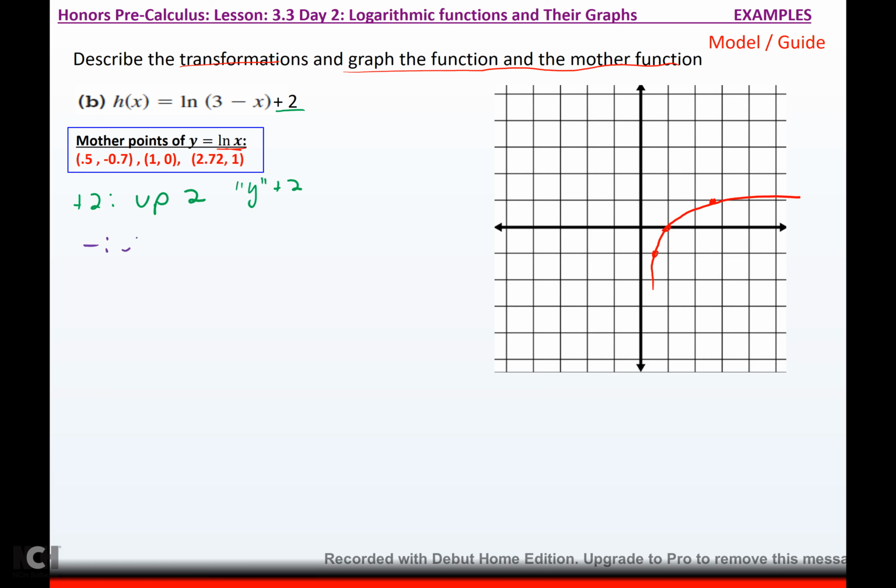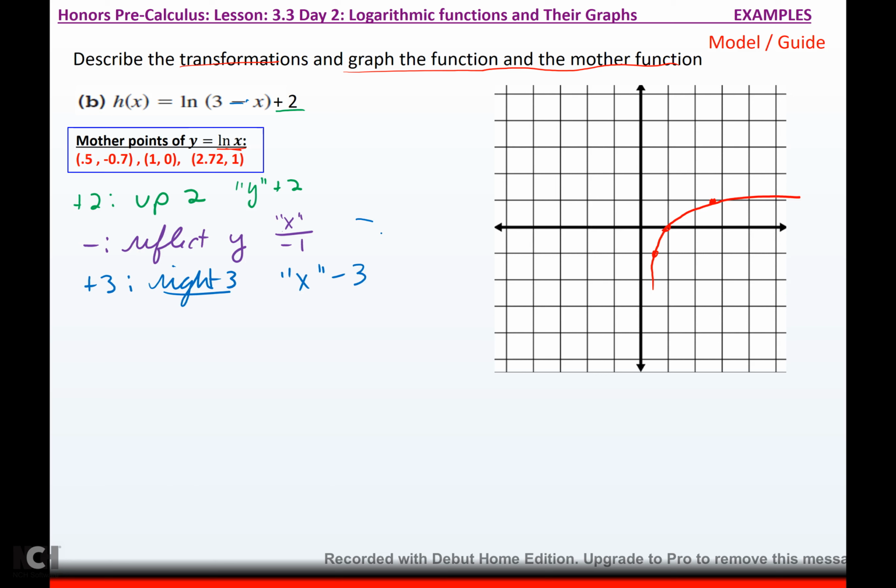I have the negative on the inside, which is going to reflect over y. That means I'm going to divide my x's by negative 1, because they're telling me to multiply by negative 1. And then the positive 3, remember we would think would go left 3, but because x is negative, it's going to go right 3, which means I'm actually going to subtract 3 from my x's.